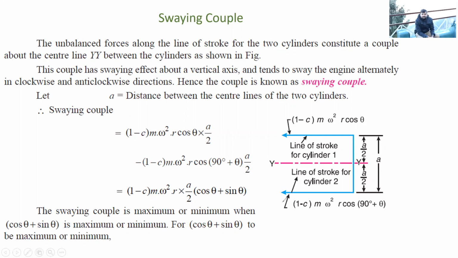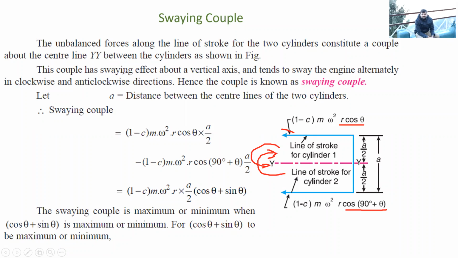Okay, so this downward force, that is r cos(90 + theta), will try to turn the engine in this direction, and this upward force, that is (1 - c) m omega square r cos theta, will try to turn it in this way. So there will be a couple, with the two forces acting in opposite directions to each other.